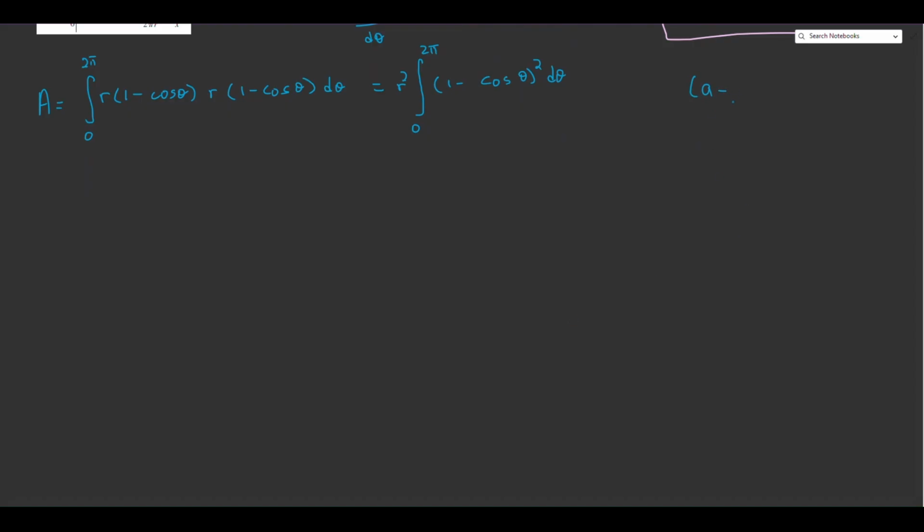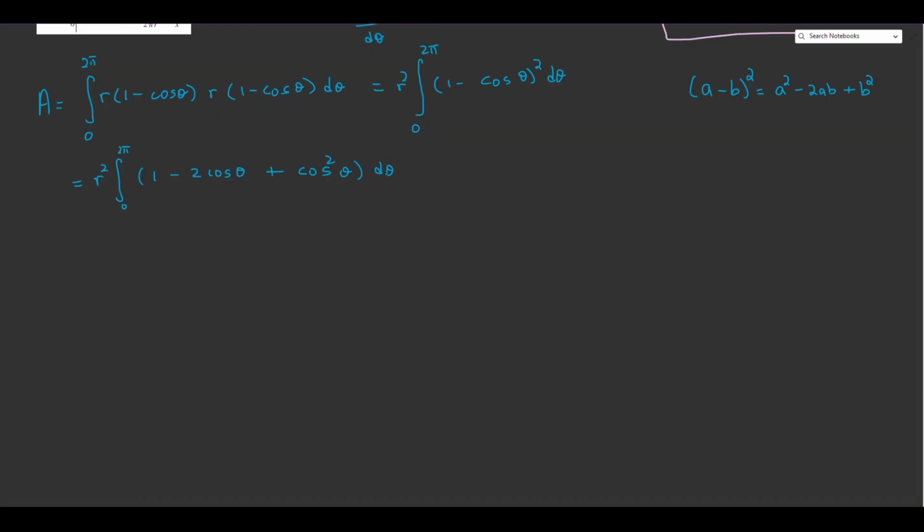For example, 1 minus b squared is equal to a squared minus 2ab plus b squared. So this can be written in this form, r squared integration from 0 to 2 pi, and inside we get 1 minus 2 cosine of theta plus cosine squared theta d theta.